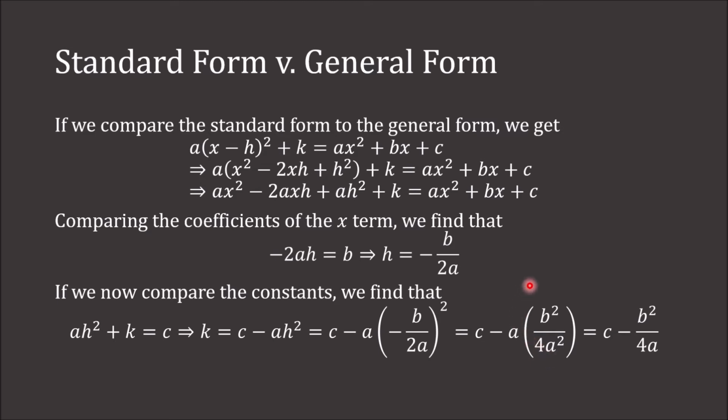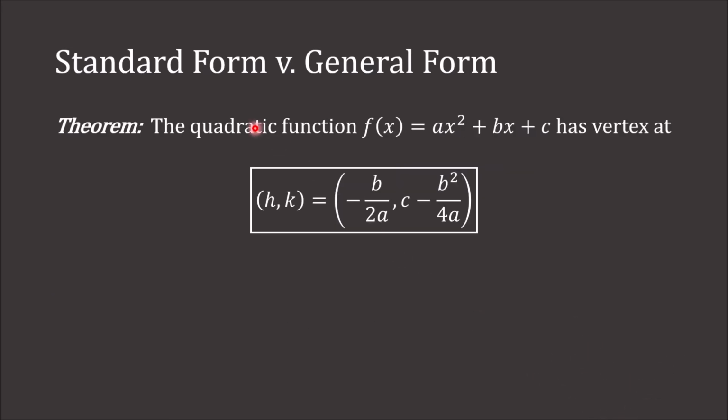So if you now distribute that a through, you get c minus b squared over 4a. So this is k, this is the y coordinate of the vertex. So the quadratic function, ax squared plus bx plus c, has the vertex at negative b over 2a, comma, c minus b squared over 4a.